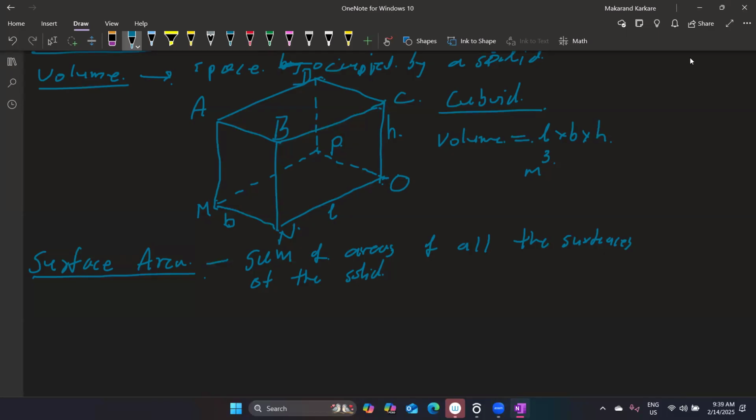So in all 6 surfaces, and the sum of the areas of these 6 surfaces is what is going to be the total surface area of the cuboid.